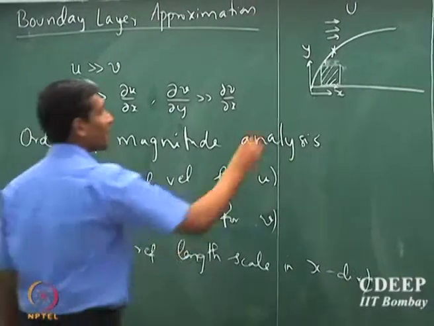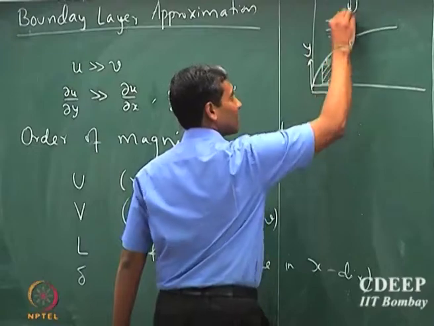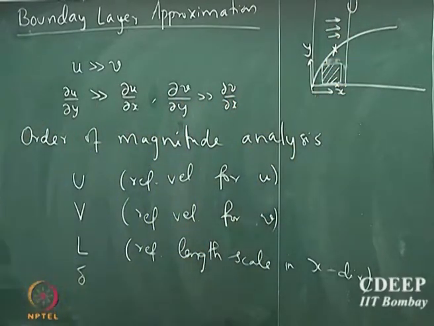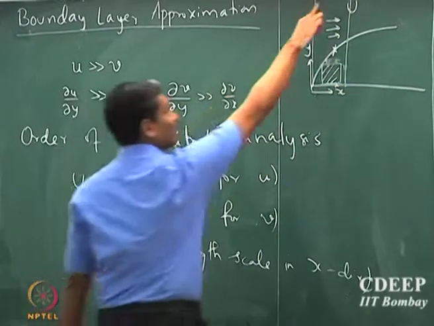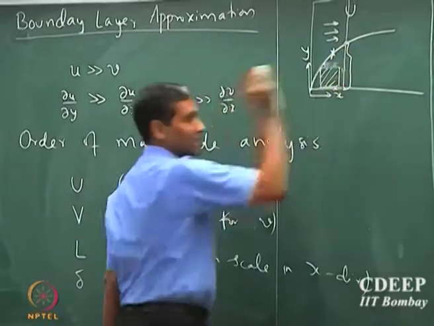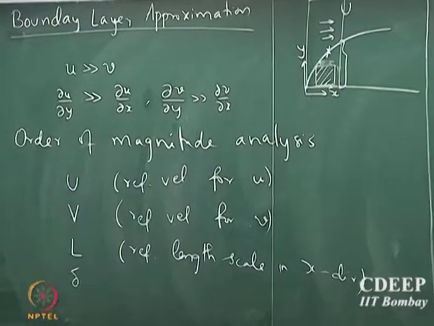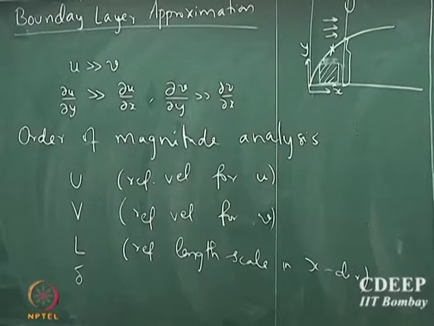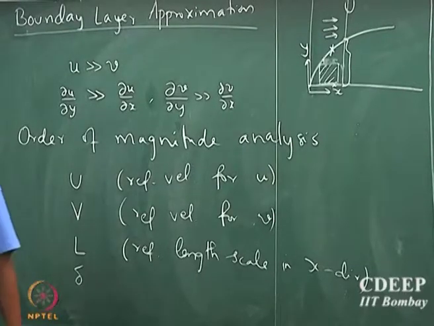But if you write a control volume here, you will not have a mass flux. Write it carefully, you will not.